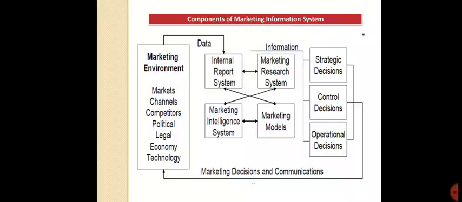Strategic decisions are very important as they have implications on changing the structure of an organization. Therefore, we can say the MIS must provide precise and accurate information. Control decisions deal with broad policy issues. And operational decisions basically concern the management of the organization's marketing mix, etc.